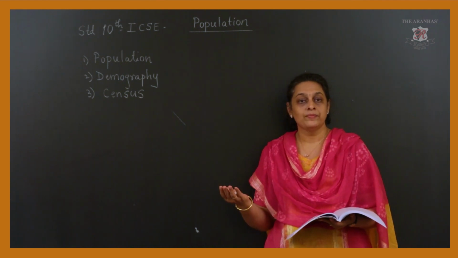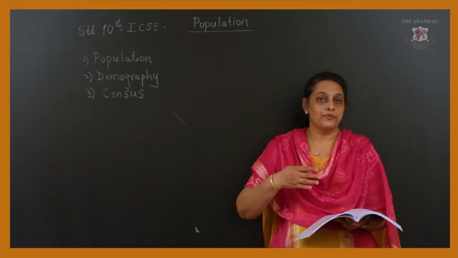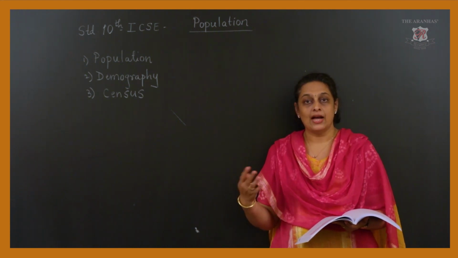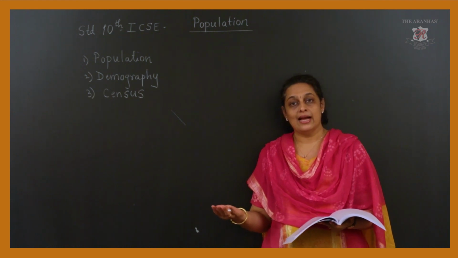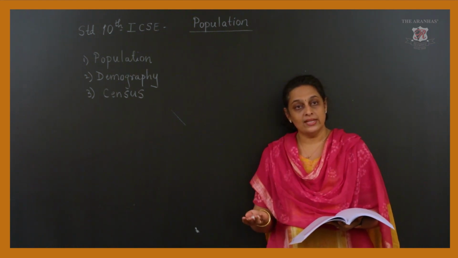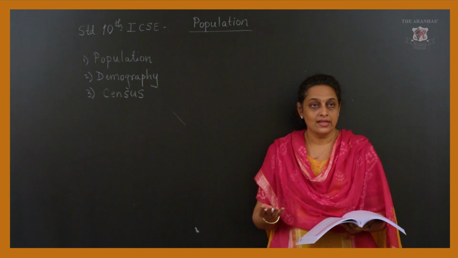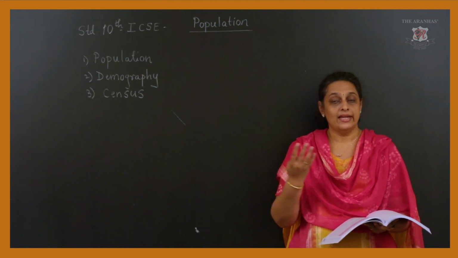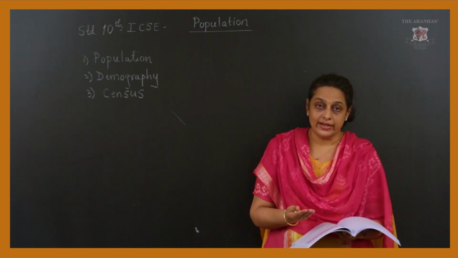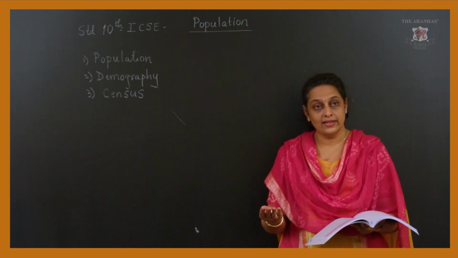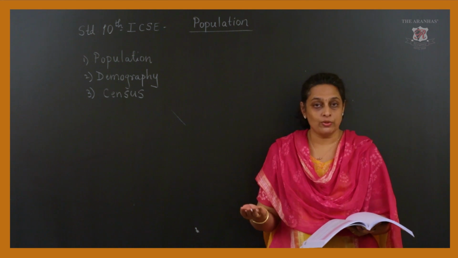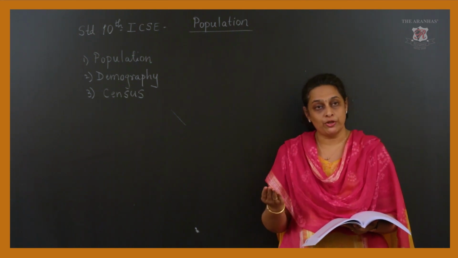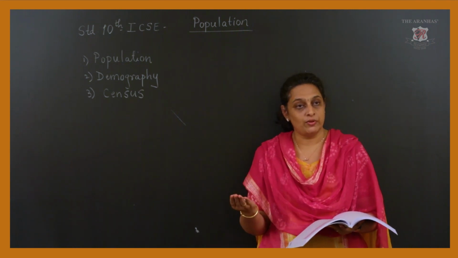For example, if age-wise grouping is to be done, what is the situation, how many old people are there, how many children, young ones, what is their status. So, all such things can be understood. Then what is the birth rate, what is the death rate, and sex ratio is another concept, that is the relative proportion of males and females in the population.